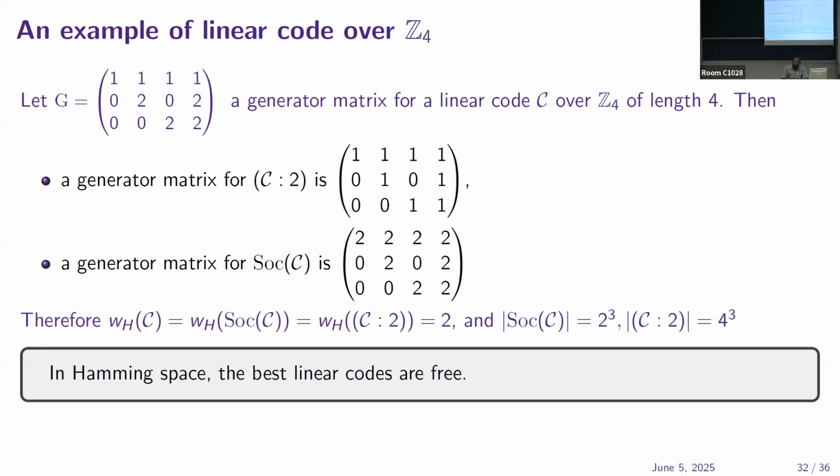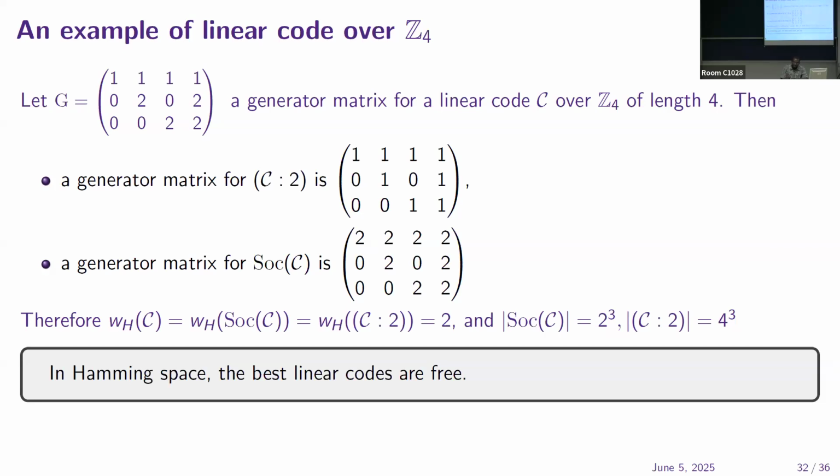For the circle, we multiply the free rows by 2. There is one free row first, 1, 1, 1 multiplied by 2, obtain 2, 2, 2. This code is non-free. Here is free.